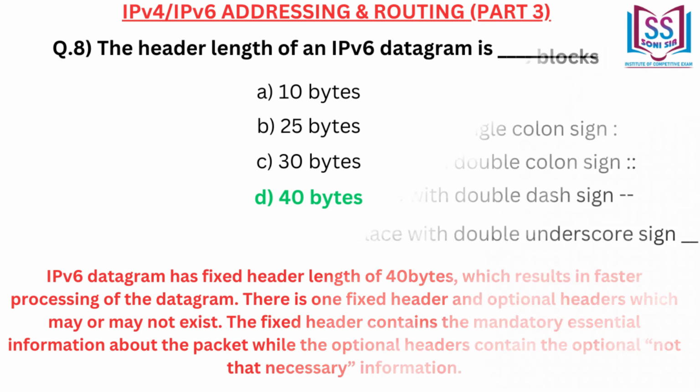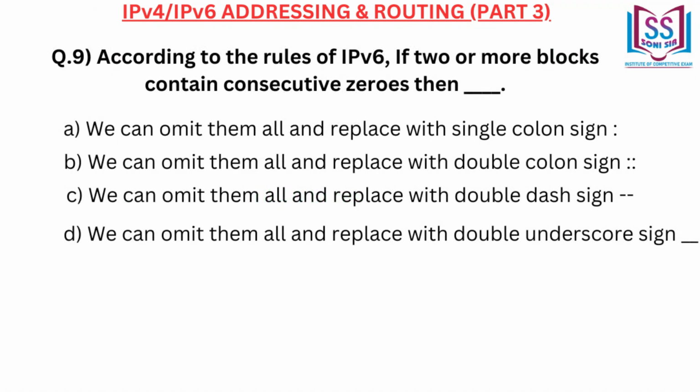According to the rules of IPv6, if 2 or more blocks contain consecutive zeros, then dash. A. We can omit them all and replace with single colon sign. B. We can omit them all and replace with double colon sign. C. We can omit them all and replace with double dash sign.